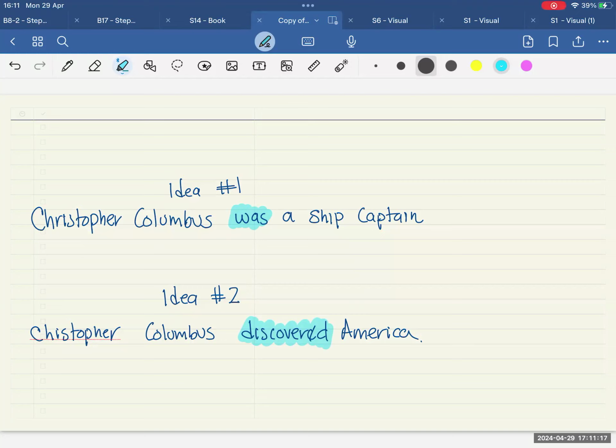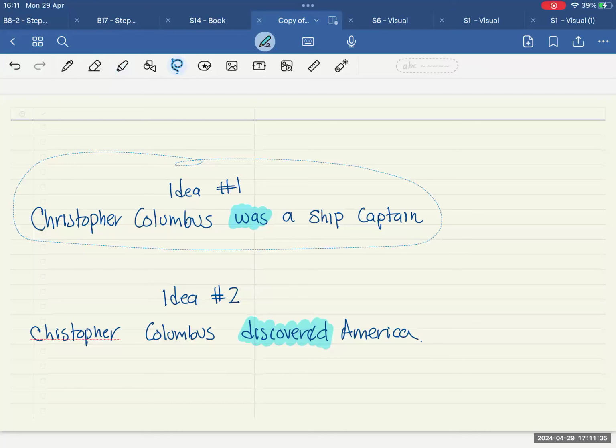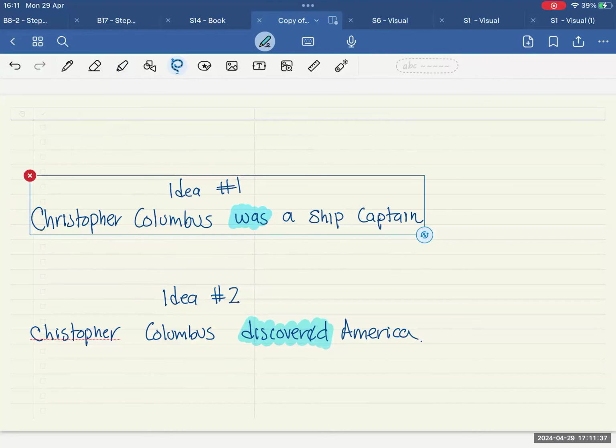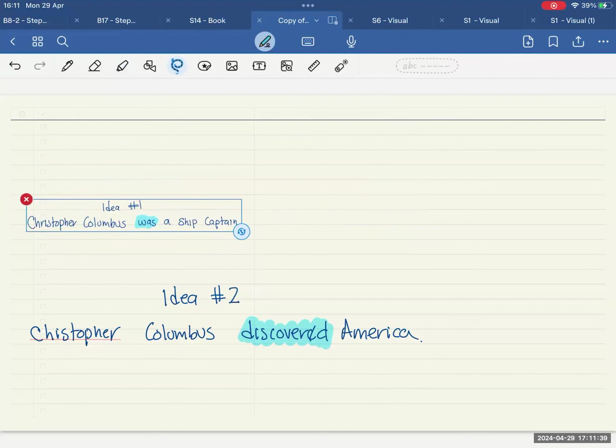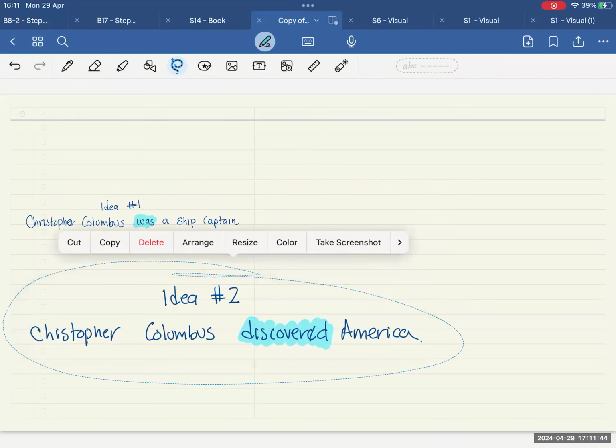Right? Okay. So look at what I am going to mix. I am going to mix idea number one with idea number two. I'm going to combine them, right? And what I'm supposed to do, look at this one. I'm going to make this smaller because I need to connect it.